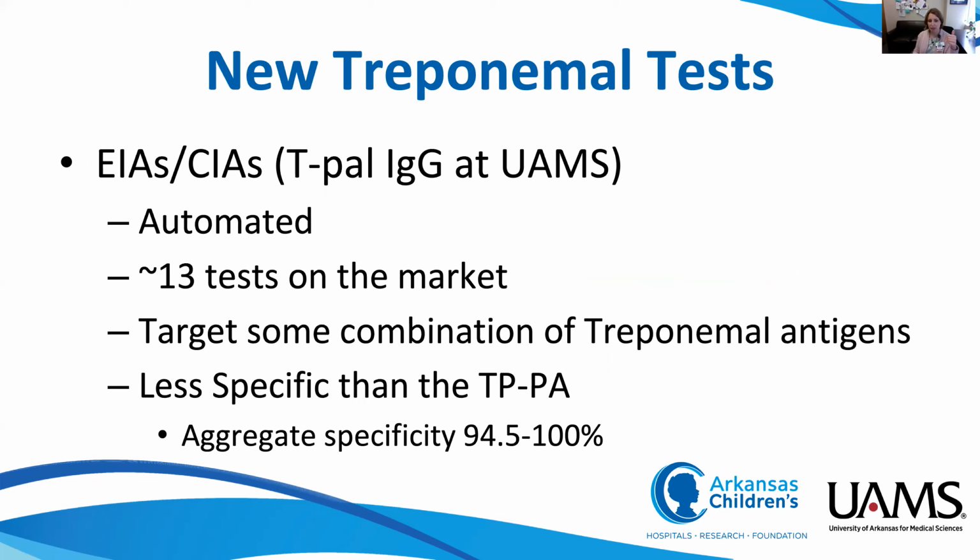There's about 13 of these tests on the market, and they target some combination of the treponemal antigens, but they're less specific than the TPPA. So they're a little bit better than the RPR, but they are not perfect. Their aggregate specificity is about 94.5 to 100%. But when you think about the volume of mothers getting tested, you're going to have some false positives in there every once in a while.